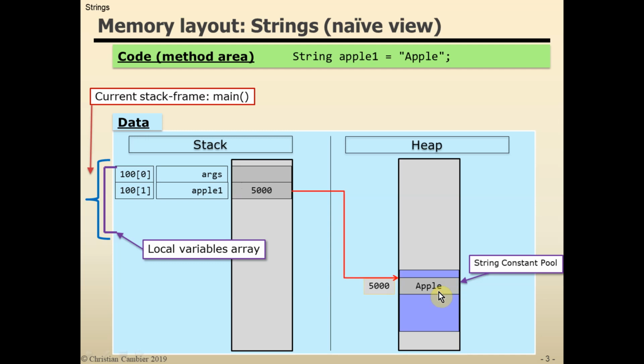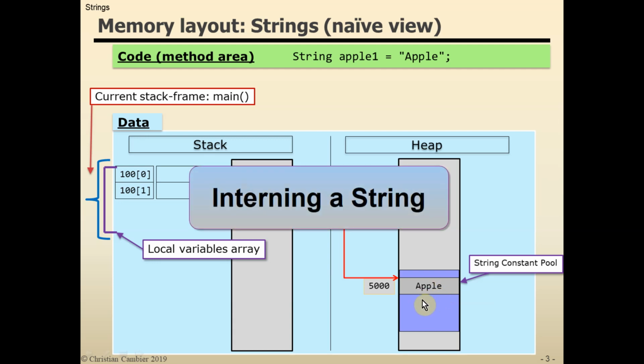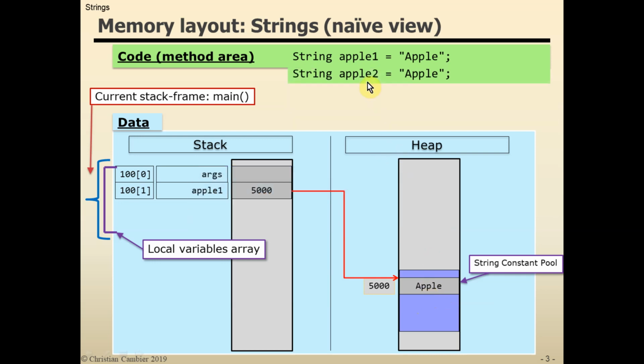The procedure by the JVM of adding a string object to the pool is called interning a string. What happens when we declare apple2? Since this variable is assigned with the same string literal apple, again the JVM looks for the occurrence of apple in the string constant pool.